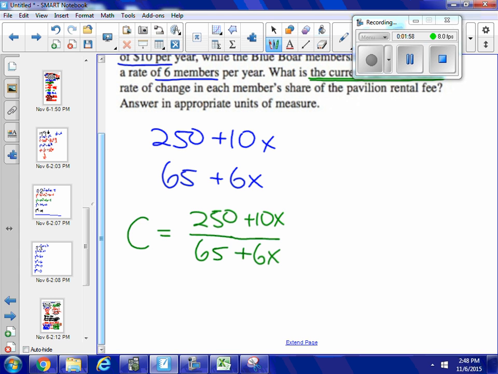Starting here and going forward, this year is year 0. That's going to help us solve this. So I need to find the rate of change of my function C.